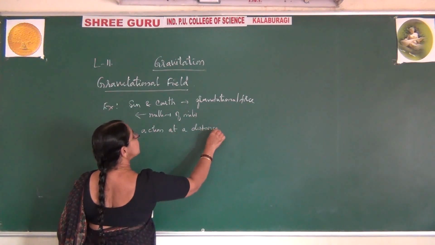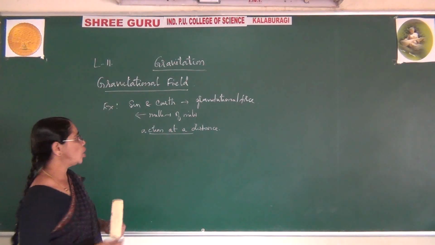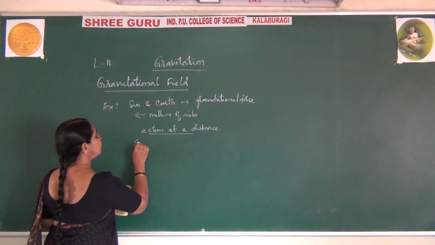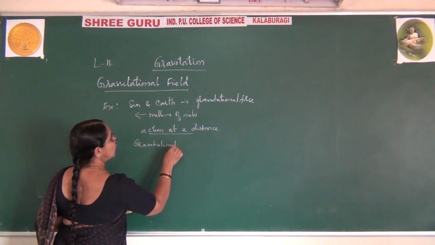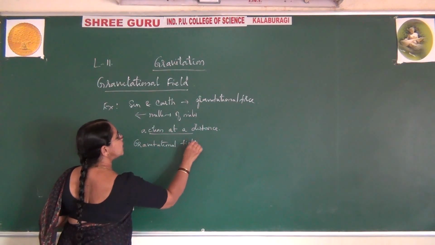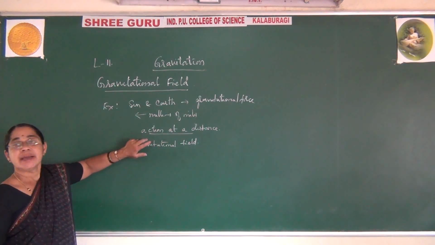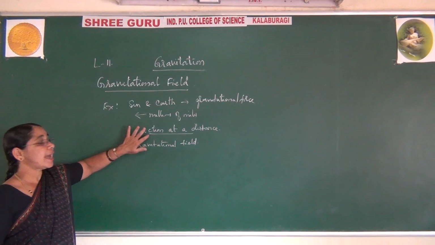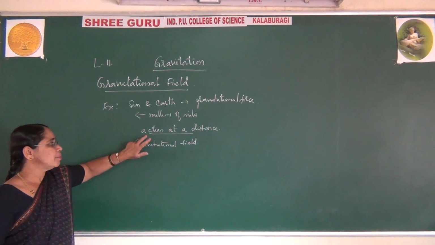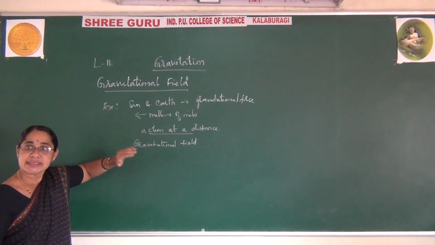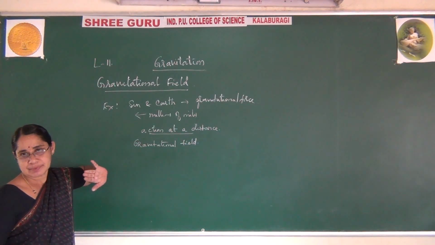But nowadays the same concept we explain in another way, called gravitational field. Please remember, we call it by the new word gravitational field. Earlier that concept was called action at a distance, but today the same concept can be explained as gravitational field.